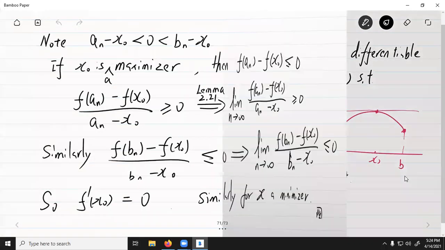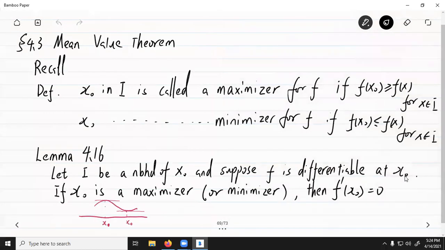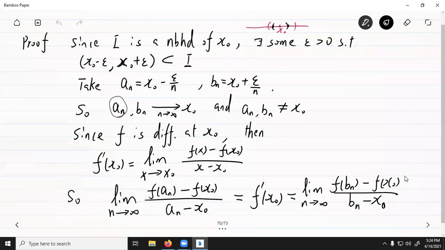So we just use this lemma, which tells you, if it's differentiable at x0, and because one of the values means the maximum value or the minimum value, x0 must be the maximizer or the minimizer, right? Then this lemma tells you this derivative must be 0.